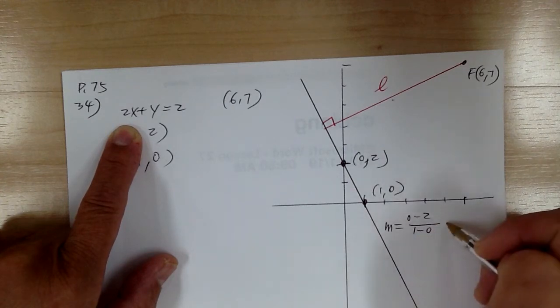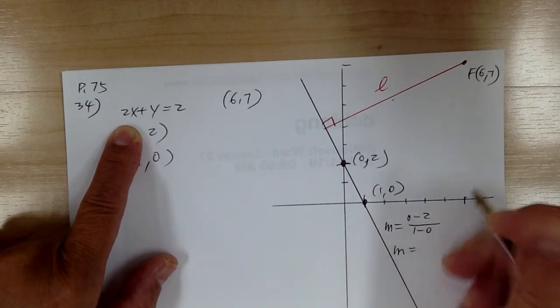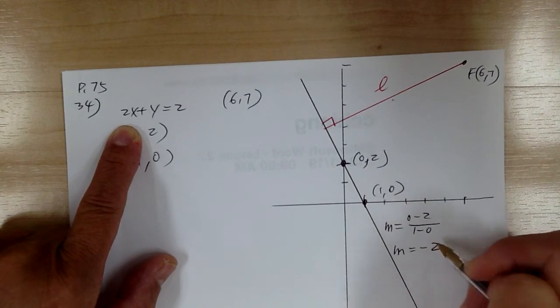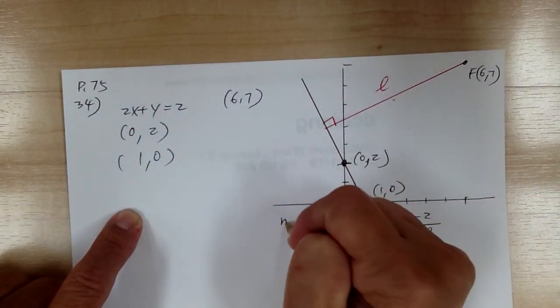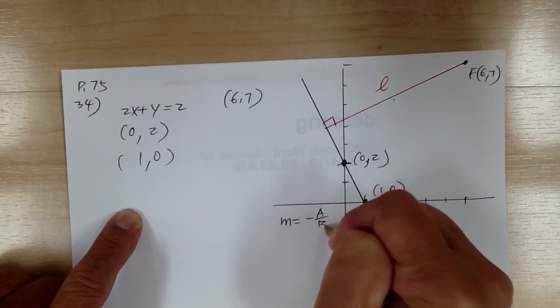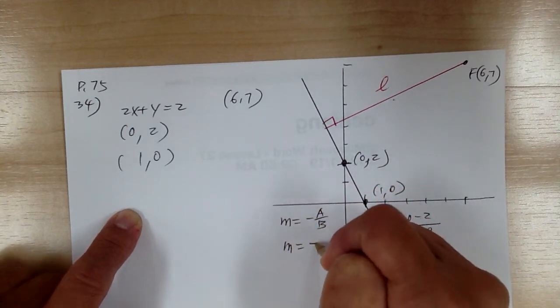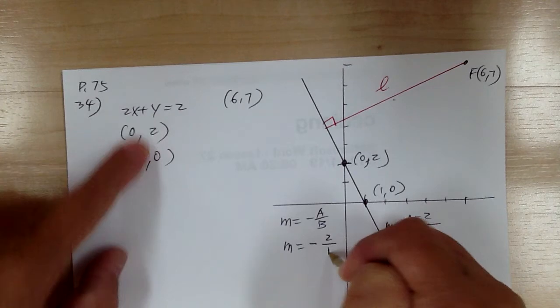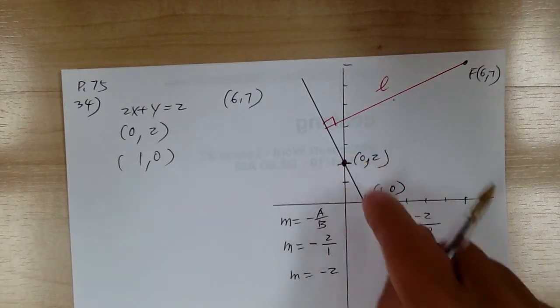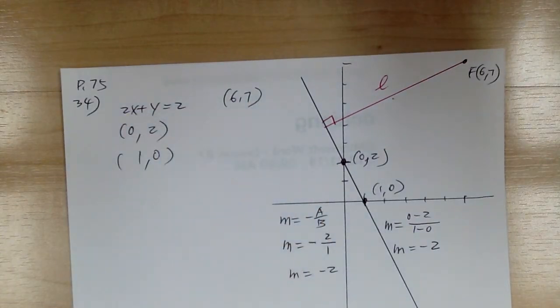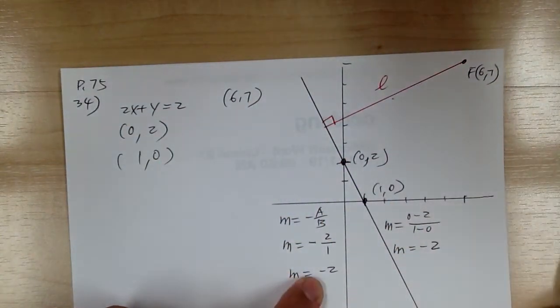So this will give you slope equal to -2. Or since the equation is given, you can use the slope equal to -a over b. So slope equals -2 over 1, so slope equals -2. You can use the 2 points, or you can use the coefficients A and B. So this one, the slope is -2.